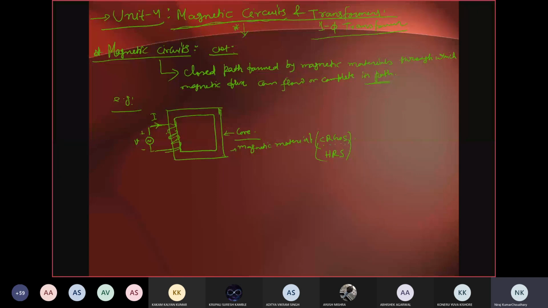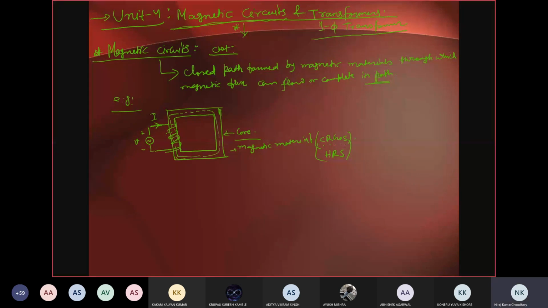So what will happen when a current is flowing through any coil? Basic law: flux will be developed, right? So flux will develop, and that flux will follow this path, that is the magnetic material path.